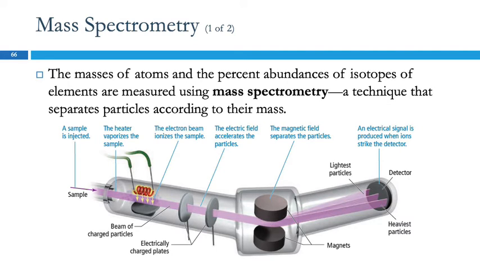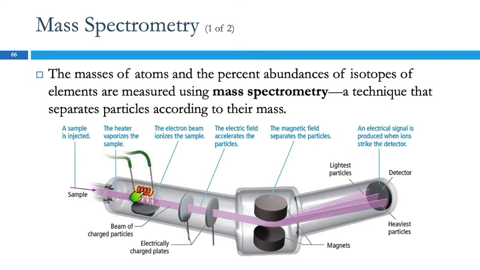So you put your sample in here. So in the previous example with the chlorine gas or the magnesium, you would put your sample of the element in here, and then there's a heater here that vaporizes the sample. You can even take metal samples and get them to be vaporized in the gas state.